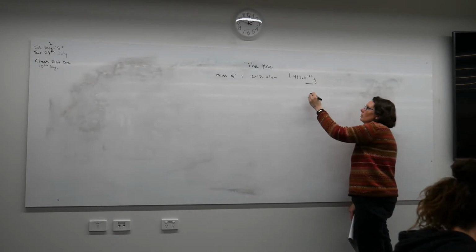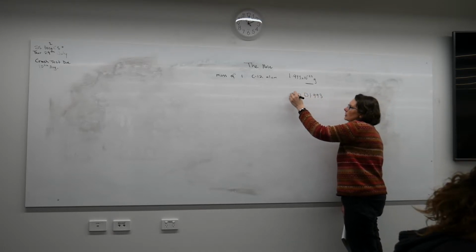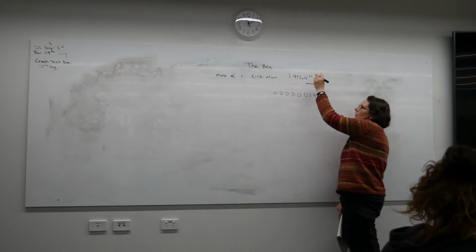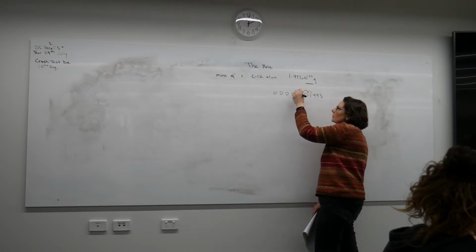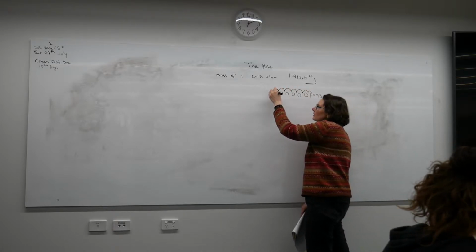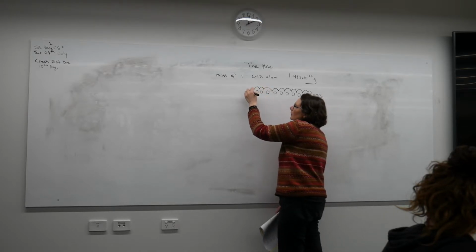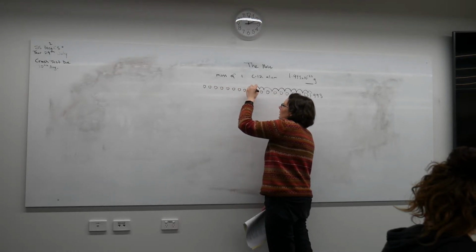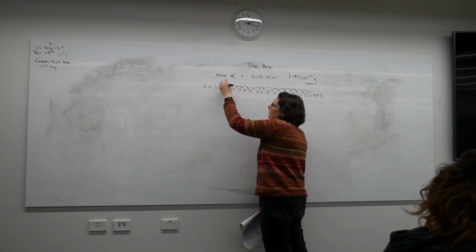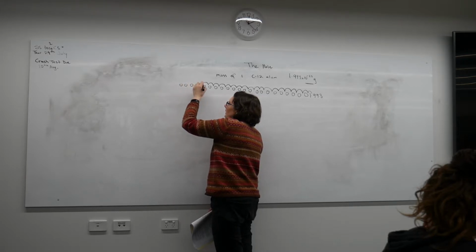Hopefully you know that what we're talking about doing there is we've moved that decimal place back 23 places. 1, 2, 3, 4, 5, 6, 7, 8, 9, 10, 12, 13, 14, 15, 16, 17, 18, 19, 20, 21, 22, 23.